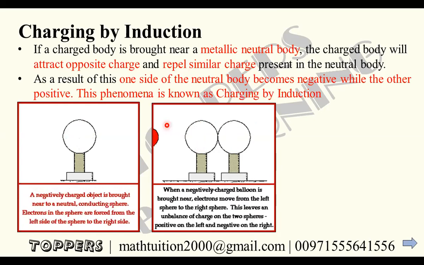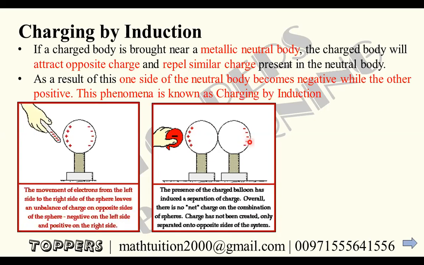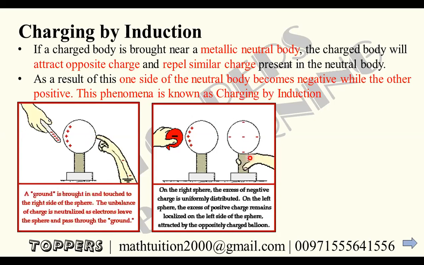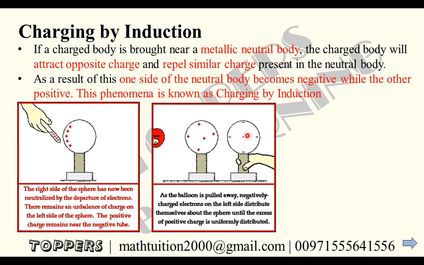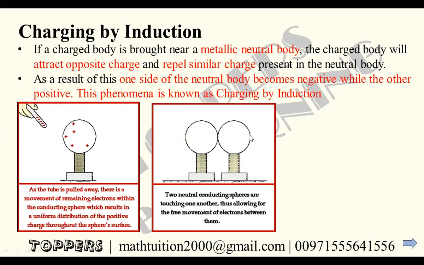See the body we are bringing. This end is becoming positive and this end is becoming negative, right? Now what are we going to do? We are going to separate these two bodies. What will happen? This body has a negative charge: the number of electrons is more than the number of protons.